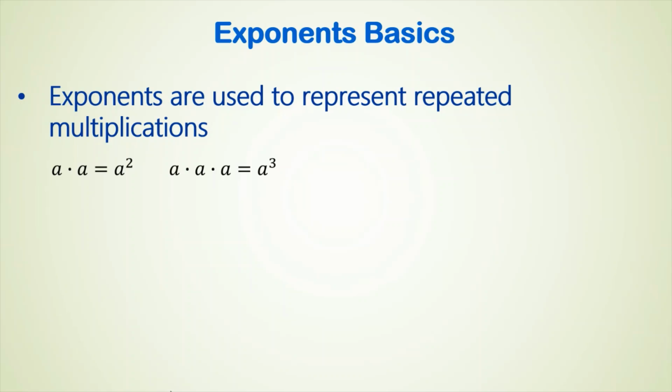Now if I have 3 a's multiplied together, then it can be represented as a with a superscript 3 next to it. And similarly, if I have 4 a's multiplied together, then I have a superscript 4 next to the a. So if we generalize it and I have n a's multiplied together, then it's simply a with a superscript n next to it.